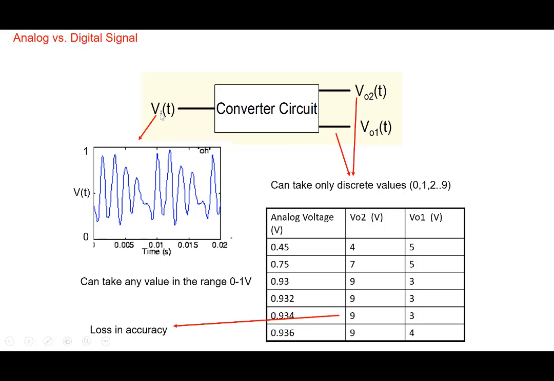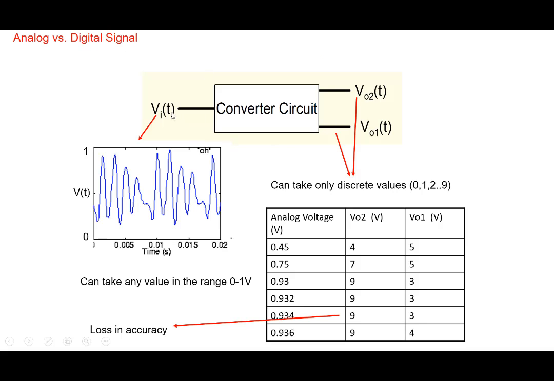Whenever we are converting an analog signal into a digital signal, in this case two digits, there's a loss of accuracy. And as you can imagine, we can increase the accuracy by taking, let's say, a 3-digit representation. Okay, so then that would have been accurate to the third decimal place. So depending on how accurate we want the conversion process, we can take 1 digit, 2 digit, or 3 digit.